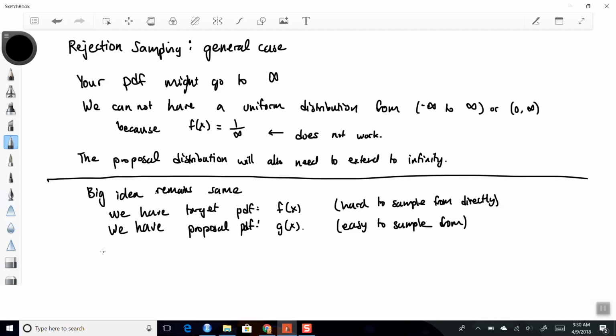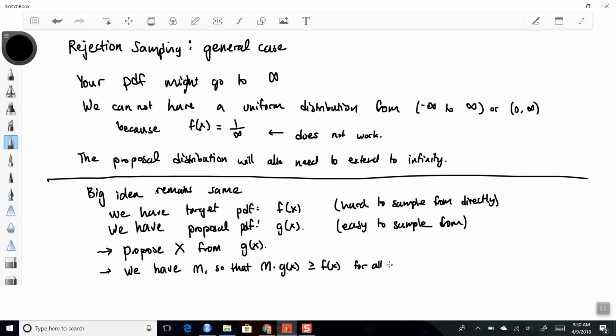Then the algorithm works the same way. You propose x from g of x. Then we have a constant m, so that m times g of x is greater than or equal to f of x for all x.